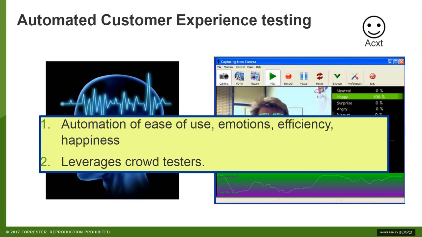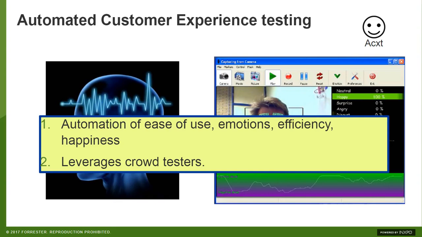But can I test that in an automated way? Can I test emotions? Can I test that someone is happy when they're behind the screen doing what they're doing? Can I test the efficiency of the application, in that the customer was able to take all the value they were really aiming at by working with that app, and was it making them happy?